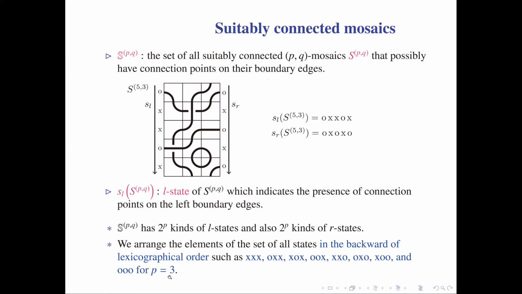Substituting X and O with binary 0 and 1 respectively, it will be easy to enumerate.